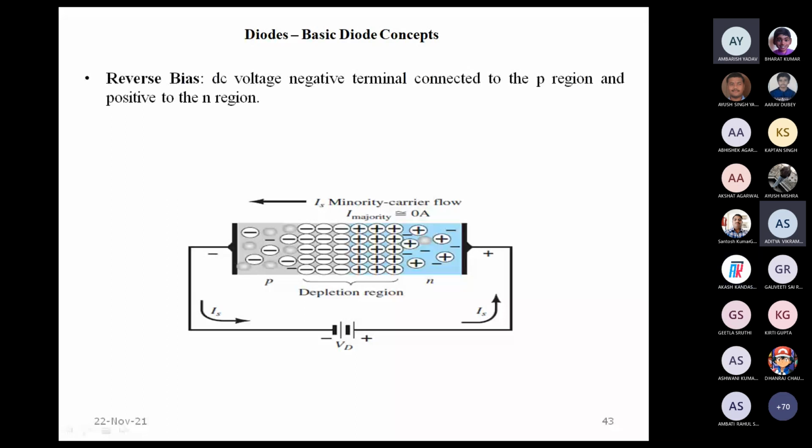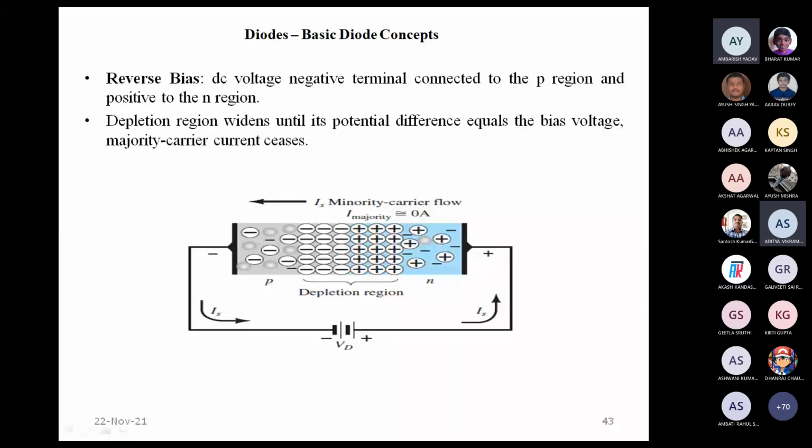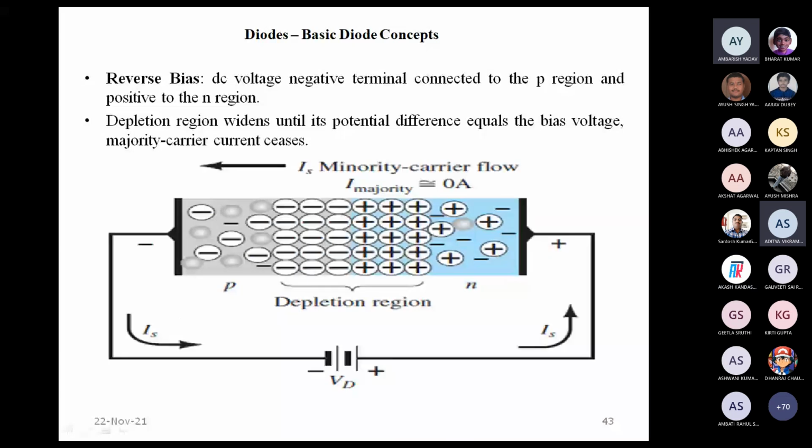So in the reverse bias, the DC voltage negative terminal is connected to the P region and positive to the N region, already we have seen. And in this, the depletion region widens until its potential difference equals the bias voltage. And the majority carrier stops.